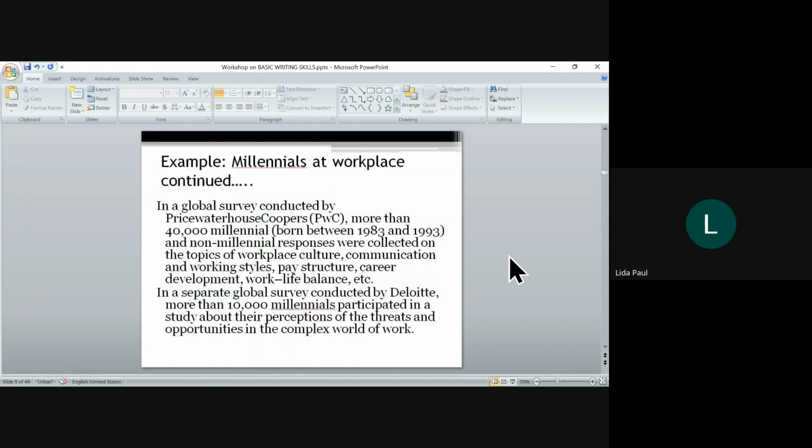So these are your supporting sentences. Just take a look at this excerpt that you have on screen. You will have a set of sentences which act as supporting sentences for your previous paragraph. Just read through, just to make you understand how supporting sentences are written in a paragraph.